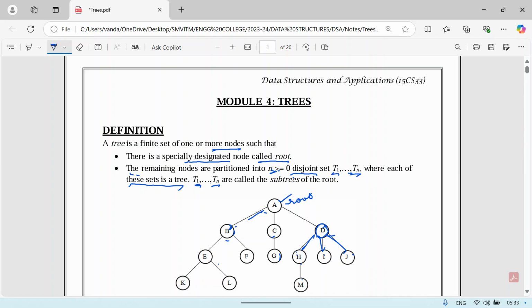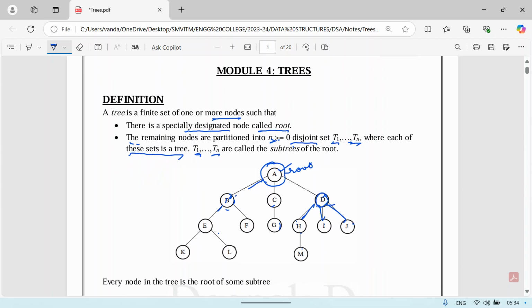The other one is E with just K and L, which is one more subtree. Okay, so if I have to define a tree, I would say that a tree is a finite set of one or more nodes such that there is a specially designated node called the root, and the remaining nodes are divided into disjoint sets T1 up to Tn, and these T1 up to Tn are called the subtrees of the root. Okay, so that is how you define the tree.